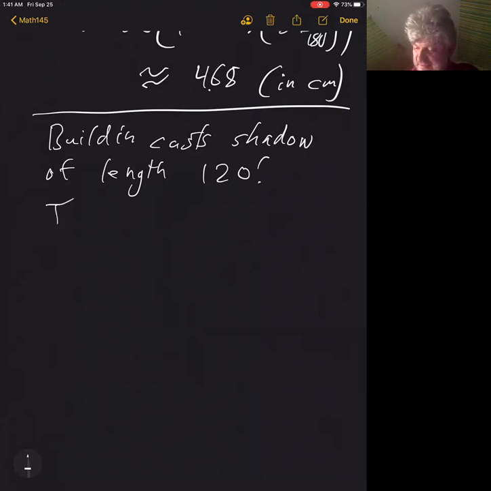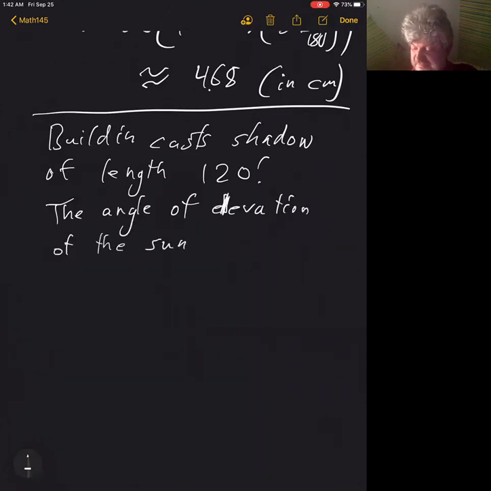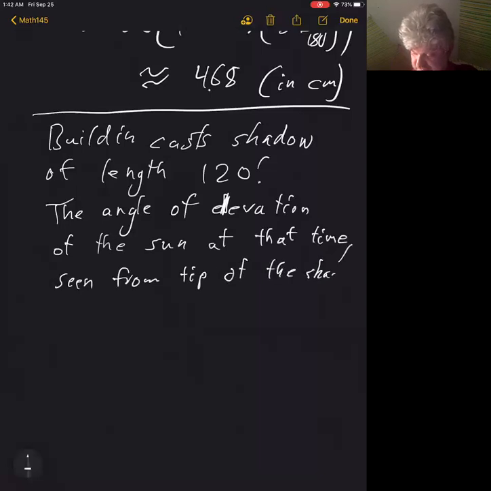And the angle of elevation of the sun at that time, seen from the tip of the shadow, is, I did 25 degrees and 30 seconds, just so we practice those weird old-fashioned ways of measuring angles sometimes. How tall is the building?